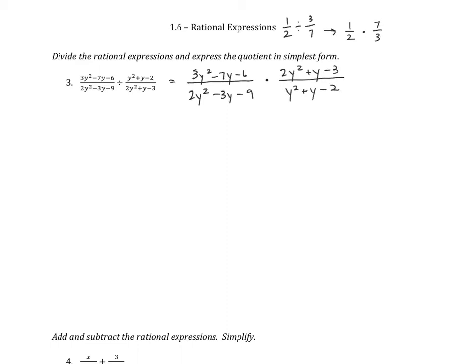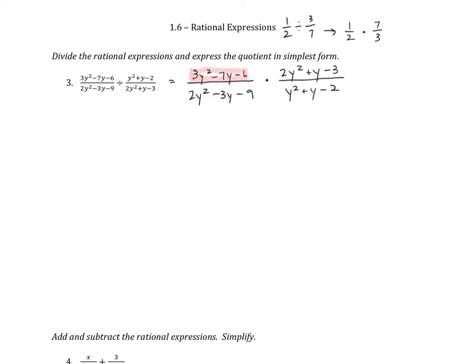And if you know that that's the same thing, then you can just do what we did in number 2. So you want to rewrite a division problem as a multiplication problem, then fully factor and cancel out common factors. All right, so let's go through the process here.